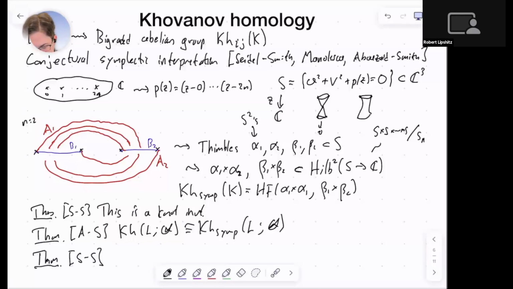An older result of Seidel-Smith is that they observed that for two-periodic knots, so again, that's having this symmetry along an axis disjoint from the knot, there's a spectral sequence from the symplectic Khovanov homology of K, with coefficients in F2, to the symplectic Khovanov homology of its quotient.